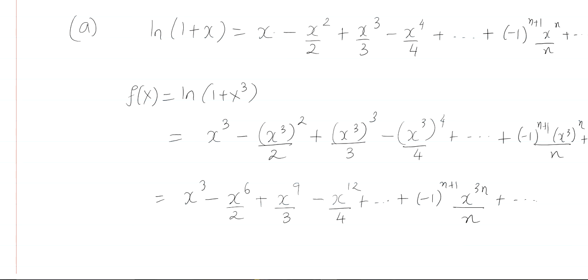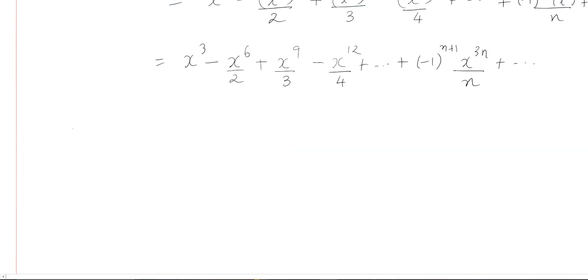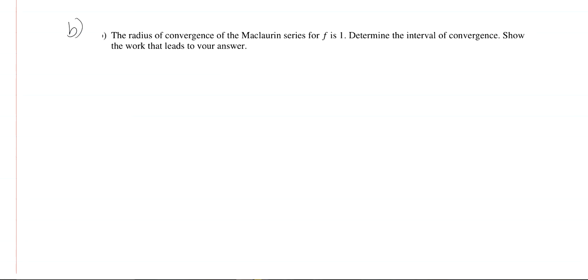Let's look at part B now. Here it wants us to find the interval of convergence. We've been told that the radius of convergence is 1.